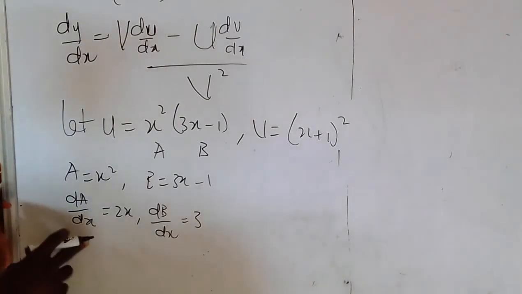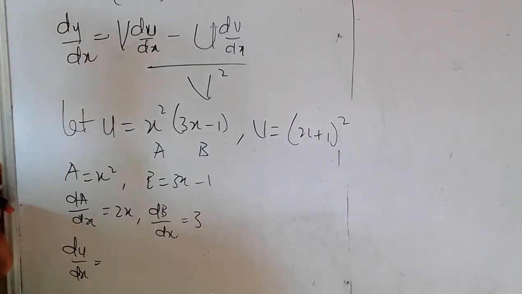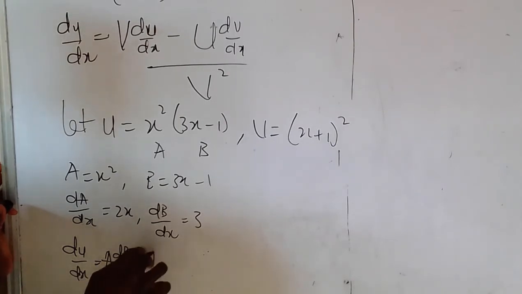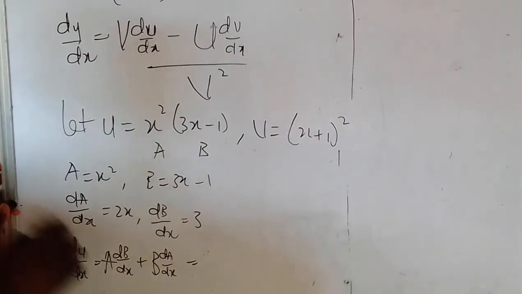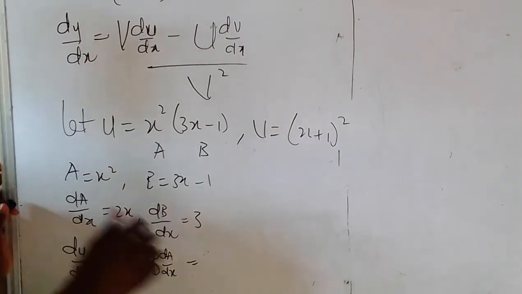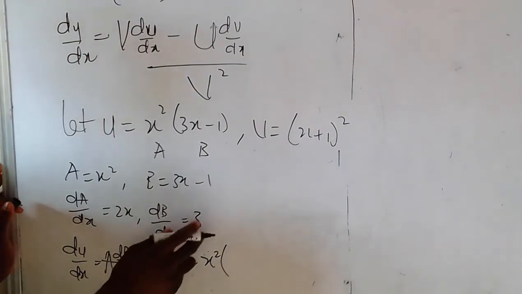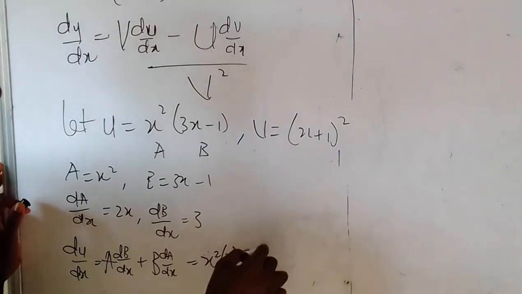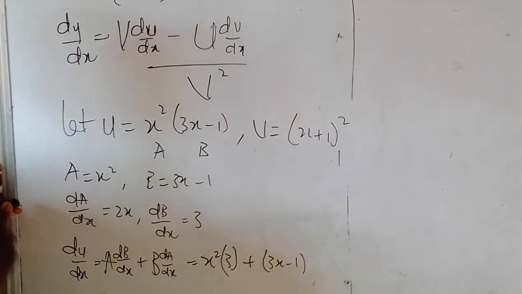So, using the product rule to solve for du/dx, du/dx will be a db/dx plus b da/dx, which is going to be equal to a, which is x squared, into db/dx, which is 3, plus b, which is 3x minus 1, and that's for b.